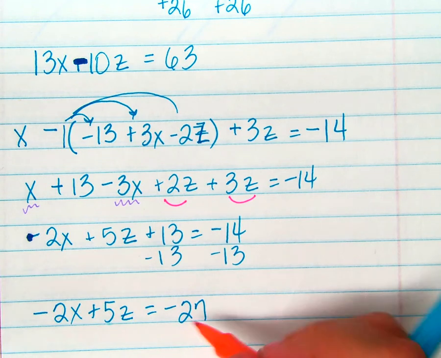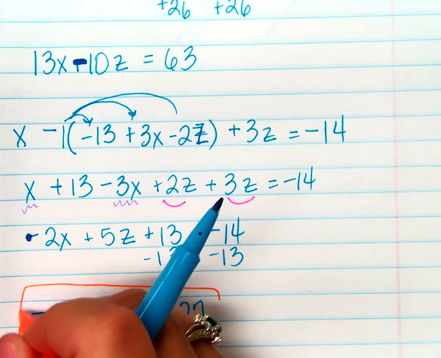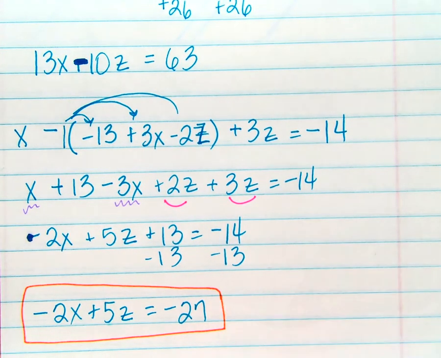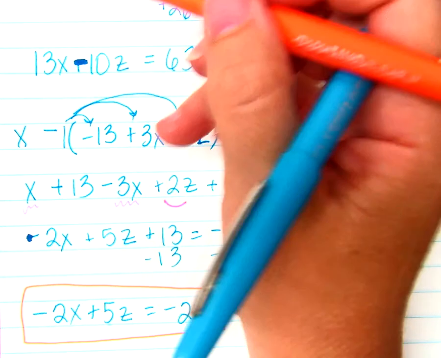So notice please right here I have one equation with x and z. If I have two variables, how many equations do I need to solve that system? At least two, right? Do I have another equation with x and z? Where? Yeah, right here, right? This one?